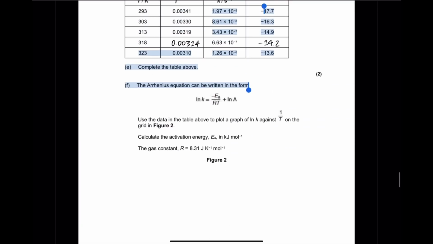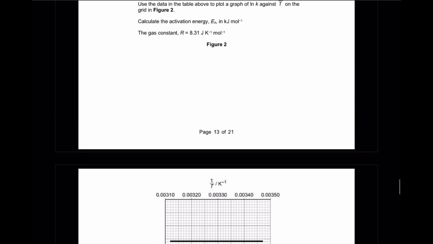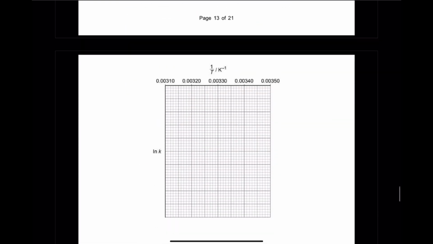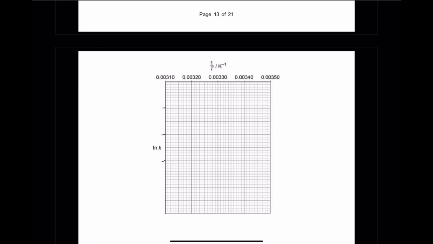So the axis: minus 13, minus 14, minus 15, minus 16, minus 17, and that's minus 18.